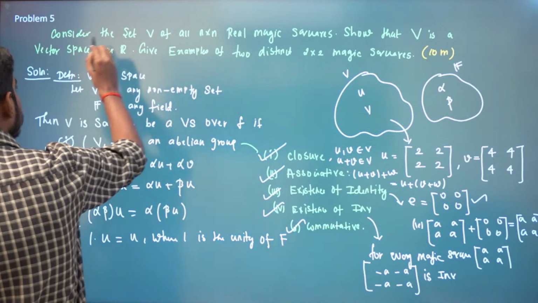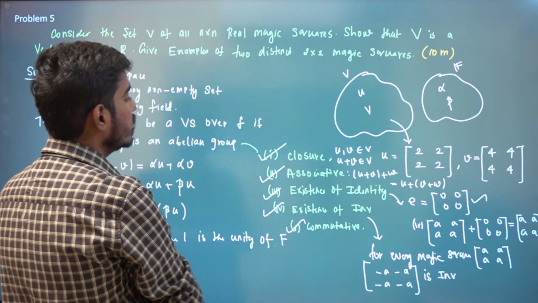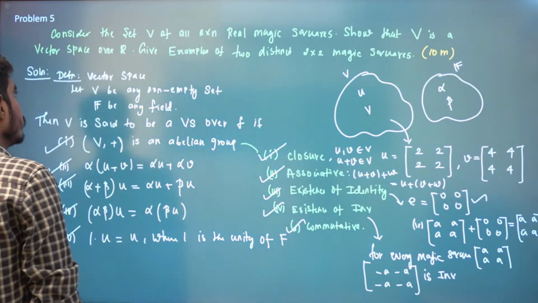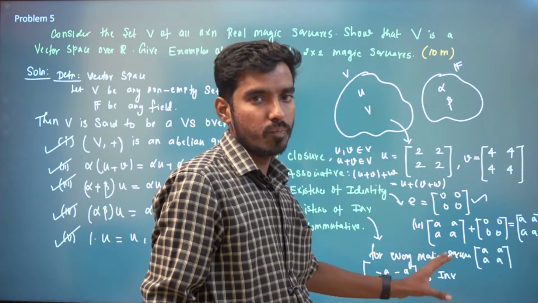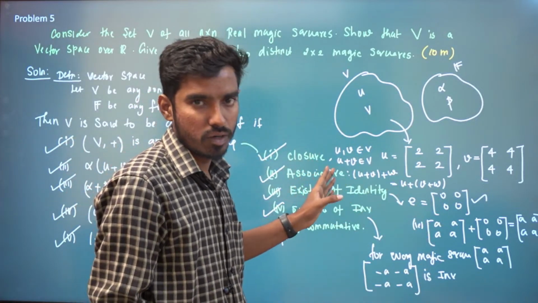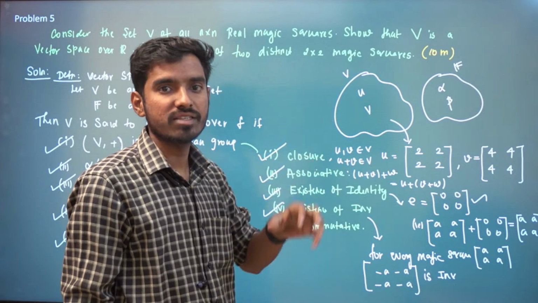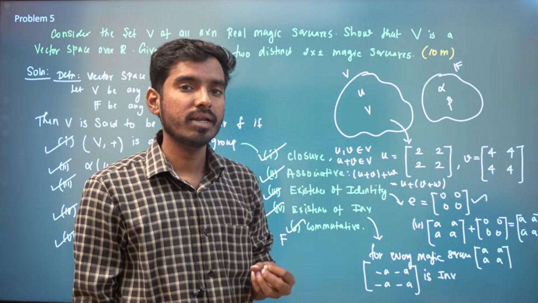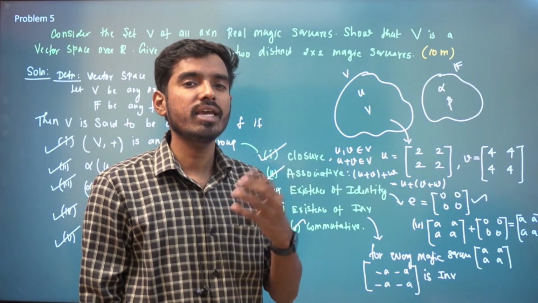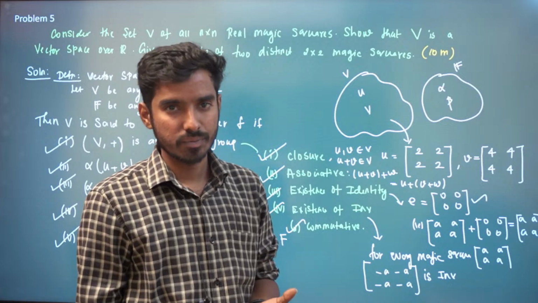Okay. Consider the set V of all n cross n real magic squares. Show that V is a vector space over R. Yes, our V with respect to plus is an abelian group. It is closed, it is associative. The identity element is the 0 matrix. And what is the inverse element for every matrix? If you take any A, minus A is the inverse, right?